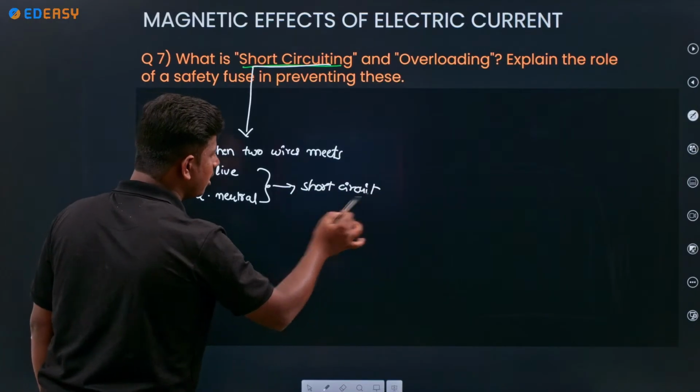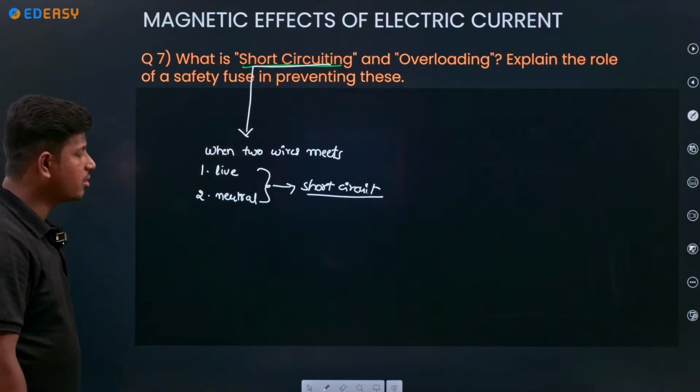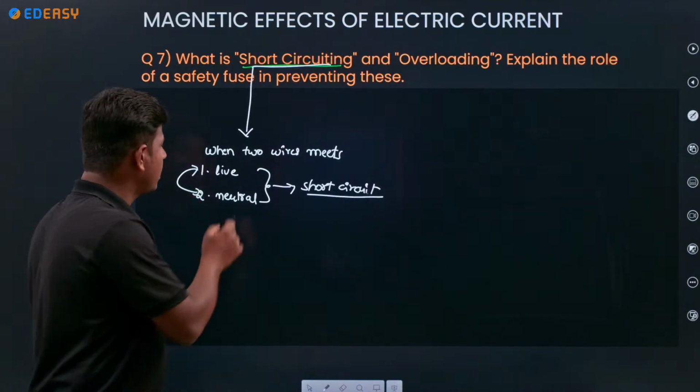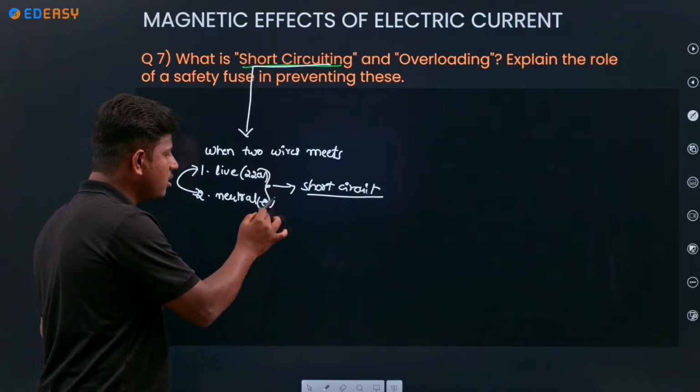Why will you get a short circuit when the live wire and neutral wire are combined? Live wire potential is how much? 220. Neutral wire potential is 0.